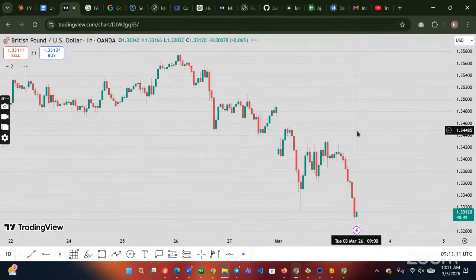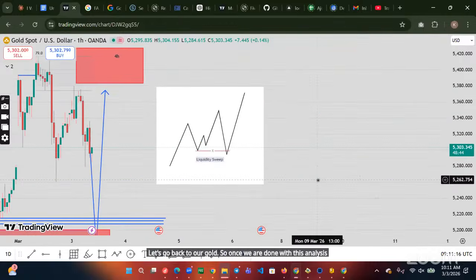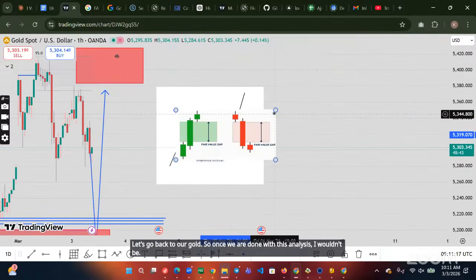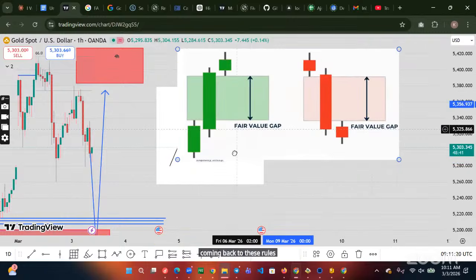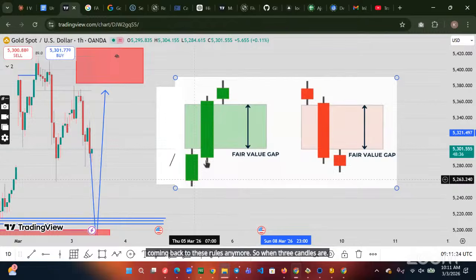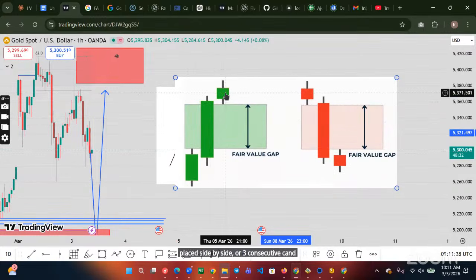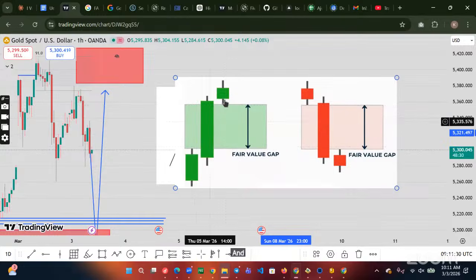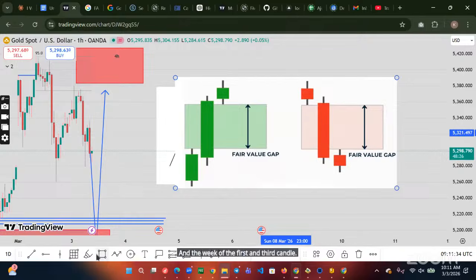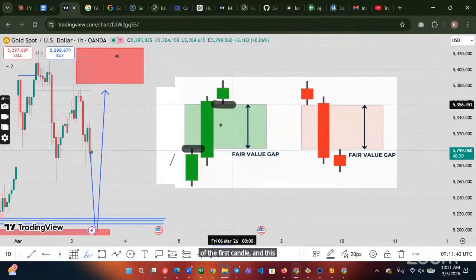Let's go back to our gold. So once we are done with this analysis, I wouldn't be coming back to these rules anymore. So when three consecutive candles exist, and the wick of the first and third candle are not touching each other. So what I mean is this is the wick of the first candle, and this is the wick of the third candle.